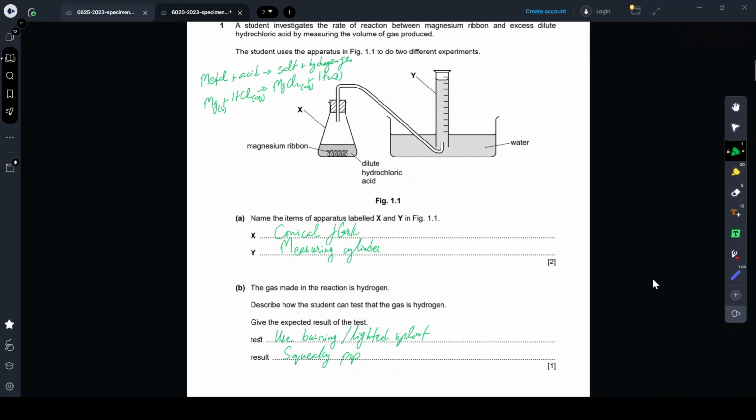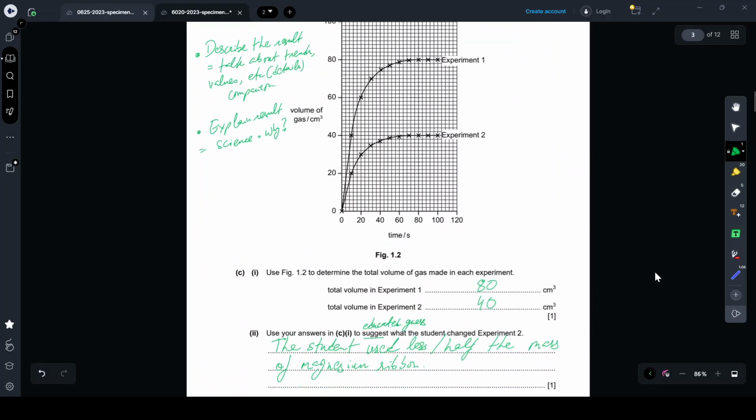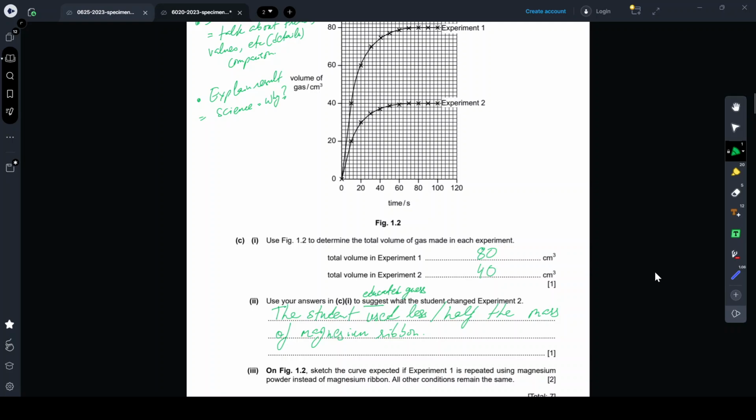So what change to a solid reactant affects the rate of reaction? The increase in the collision. No, you were going to say something before that, instead of collision.